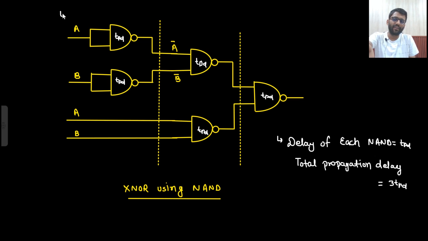If I apply input at t equals to 0, then after TPD time you will get A bar and B bar here. After 2 TPD time you will get something here, and this you will get after TPD time, but this has to wait for this one because this will come after 2 TPD. This is there after 2 TPD, this is there after TPD. So 2 TPD plus TPD will be 3 TPD. So this is level 3 assembly, level 1, level 2, level 3. So this is a 3 level assembly.